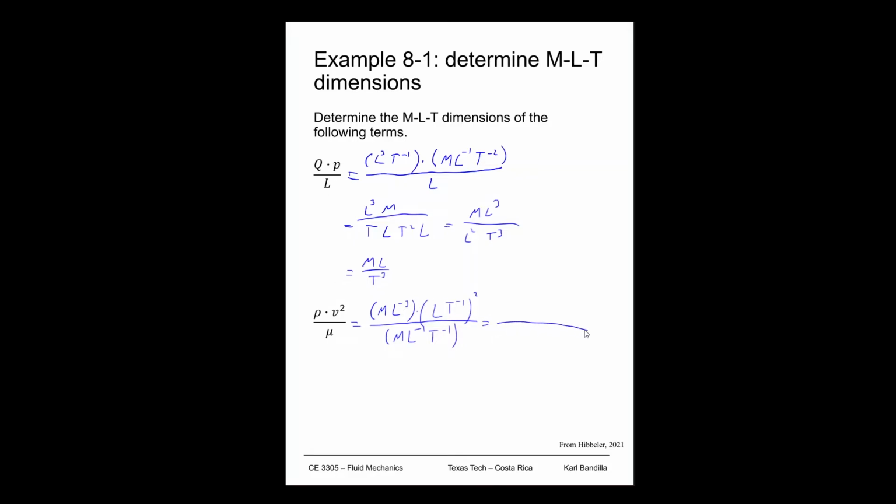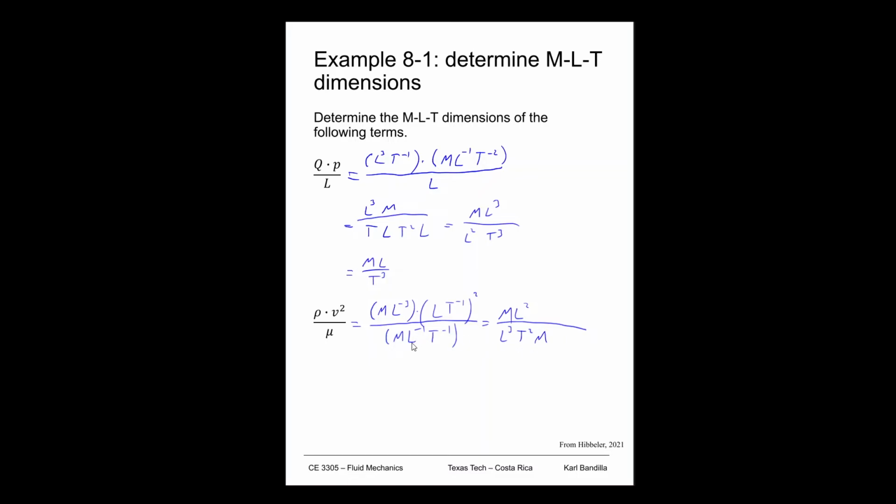All right, same thing as we did before. Let's draw our line here. So we have a mass, L cubed. Then we have an L here, but it's squared, so L squared. T minus 1, so that gets squared as well. That's everything we had up there. And then what else down here? We have an M as well.